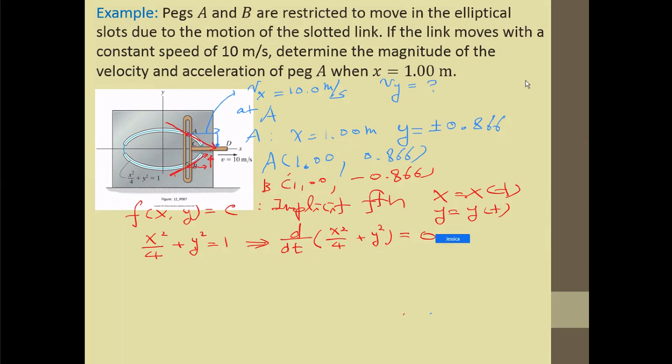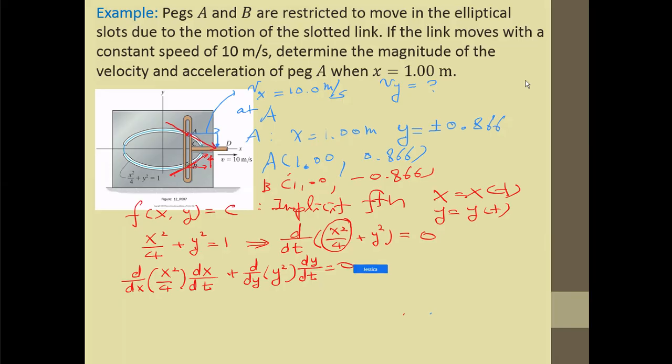First, we take the derivative with respect to x, followed by dx over dt. And second, the derivative with respect to y and dy over dt. That is called the chain rule.